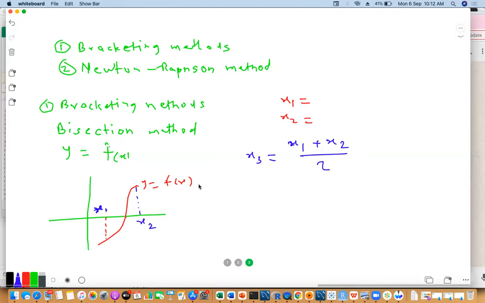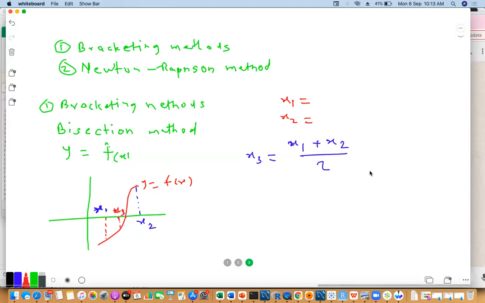Let us say x3 lies here. The mean is at this point, x3. We have taken the mean of x1 and x2, that is x3. We are saying that this is the root of the equation.